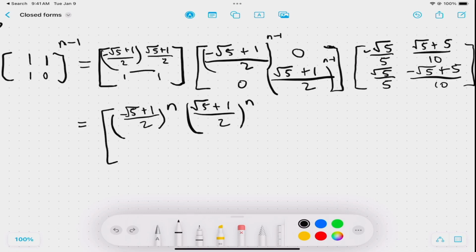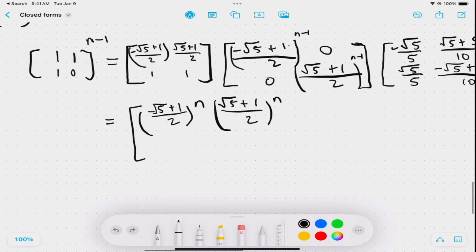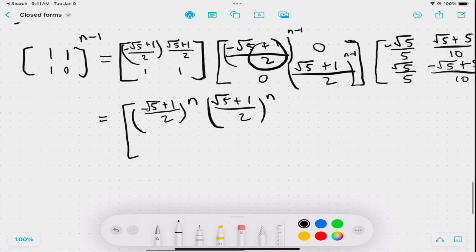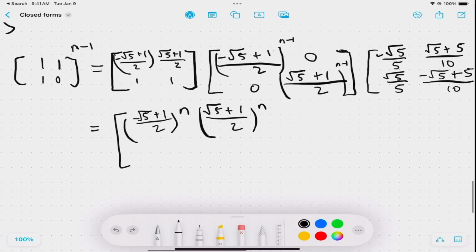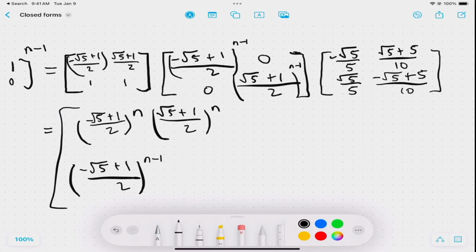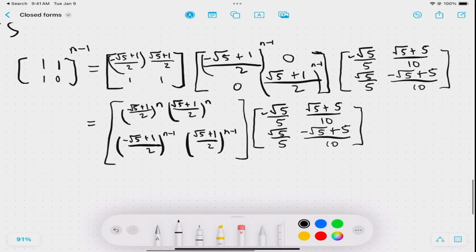Now if we do the second row times the first column, we get 1 times this entry plus 0 times 1, and we just get back this entry. Same thing if we multiply the second row times the second column. And remember that all of this is still equal to this raised to the n minus 1.